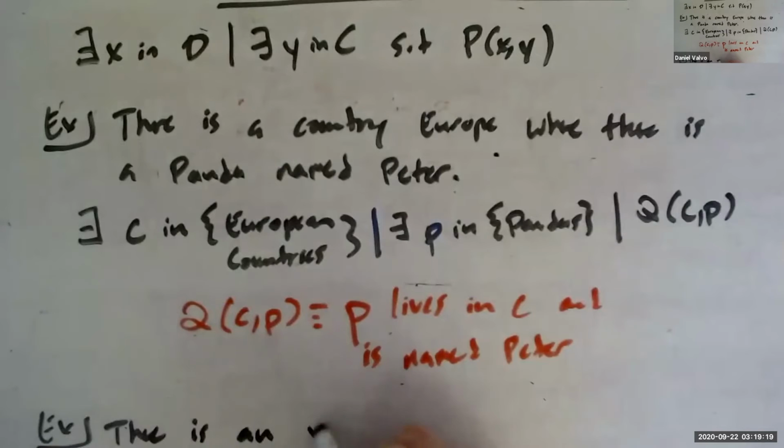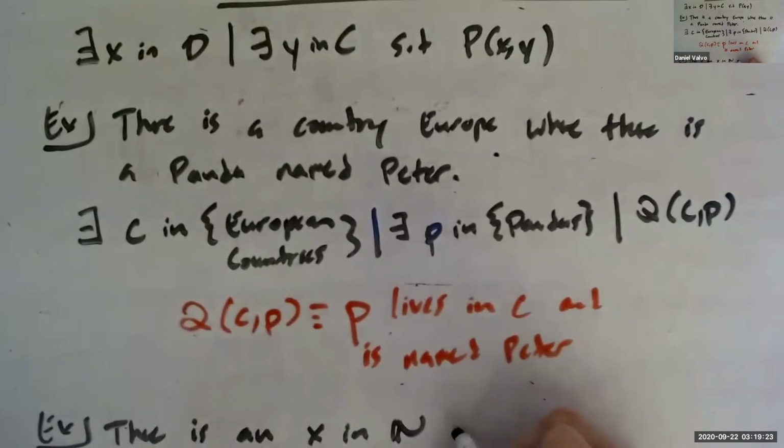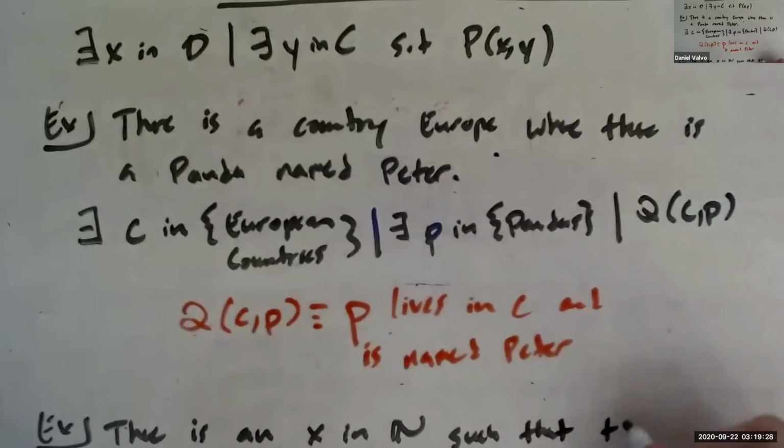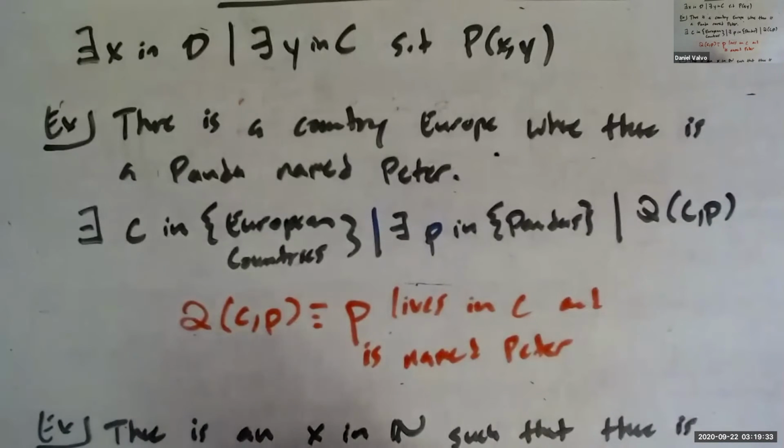There is an X in the natural numbers such that there is a Y in the real numbers where X to the Y equals 1.